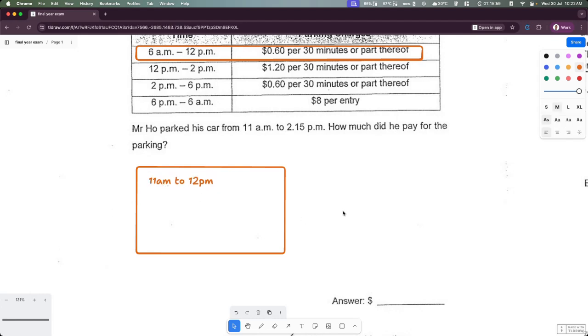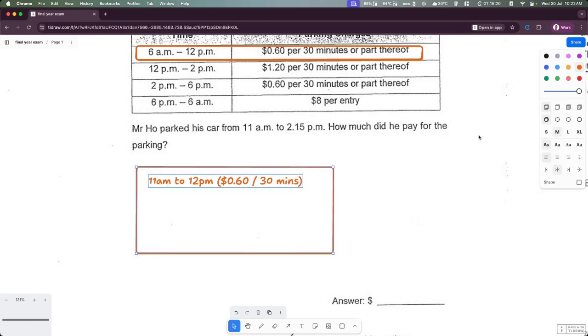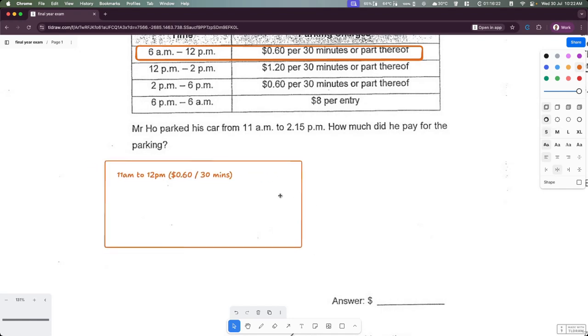So 11 a.m. to 12 p.m., which is basically 60 cents per 30 minutes or part thereof, right? Like this, okay, something like this. All right, so let me just also make it a little bit smaller so we can squeeze in.